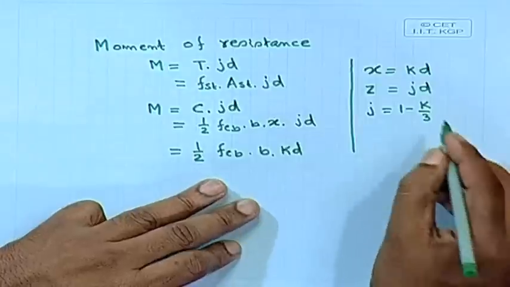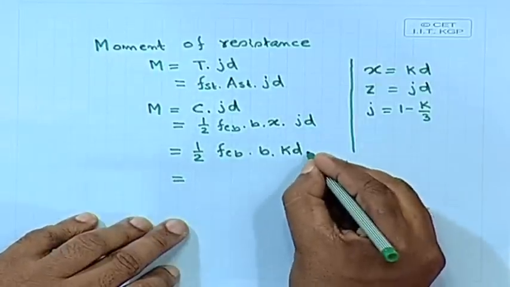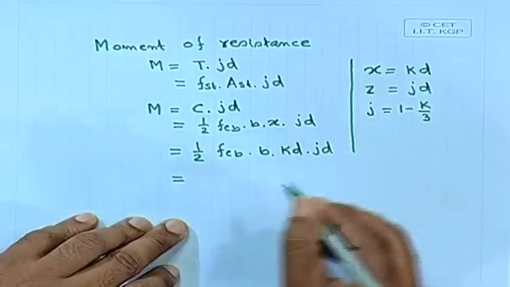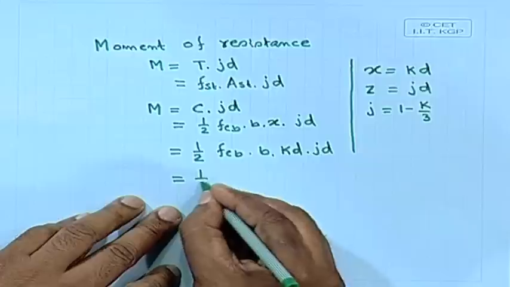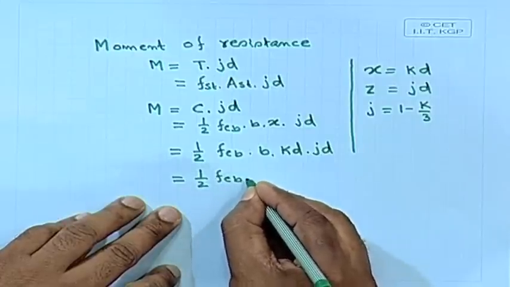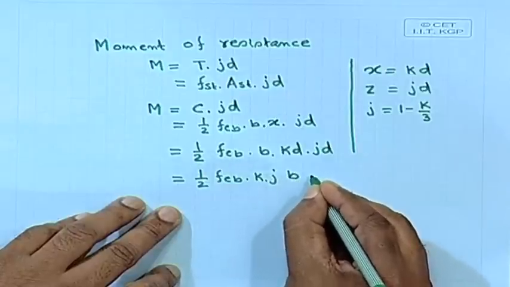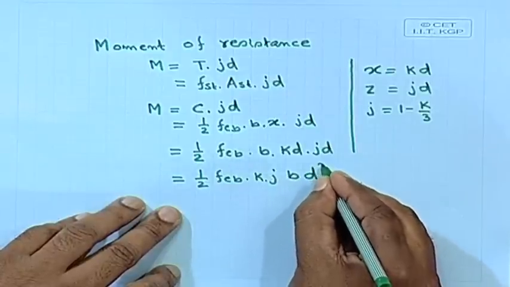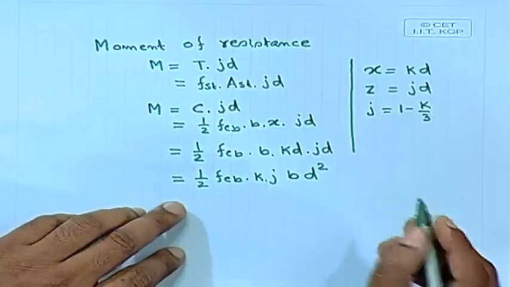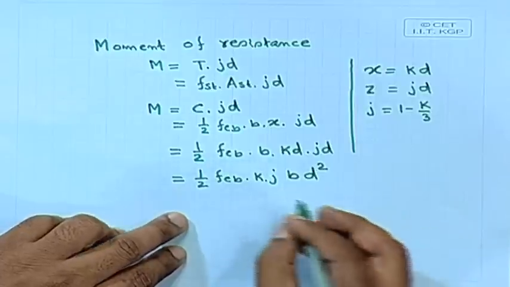Already we have done it. Times JD. So, we can write half fcb K J b D square.